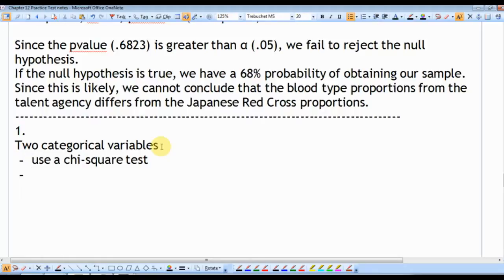Okay, the other thing to remember, this happens when you have a matrix. And it has to be 2 by 2 or bigger. That's kind of your dead giveaway. If you have a 2 by 1 matrix, it's not going to be. It's only one categorical variable.